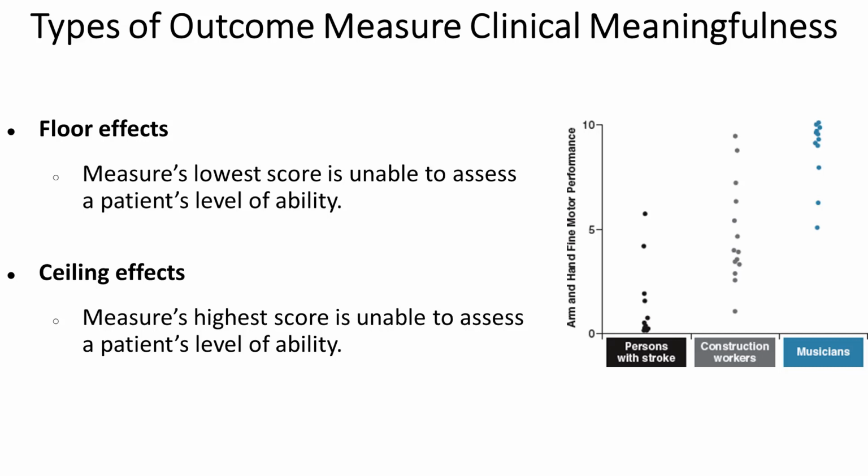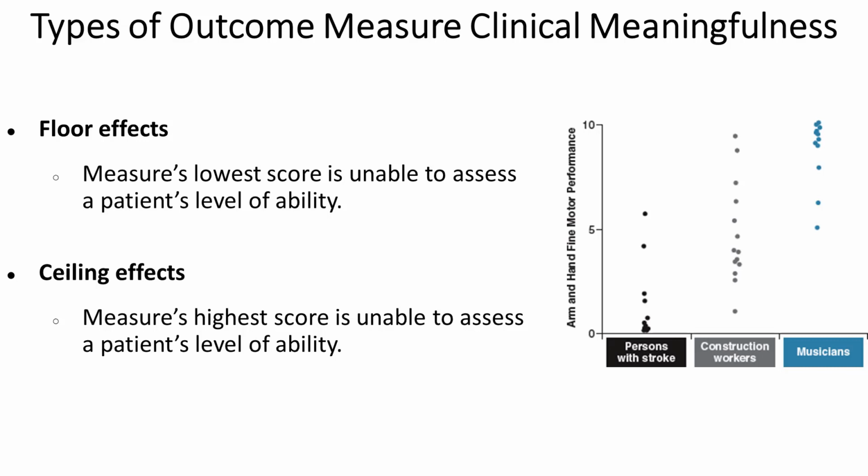Okay, if you have a person who's had a stroke, that would be the black box on the far left-hand side of the figure. You can see that the black dots there indicate test results from a person who had had a stroke. You can see that a lot of black dots are down there on the very bottom, close to 0.